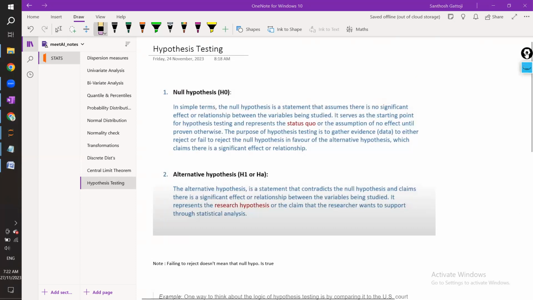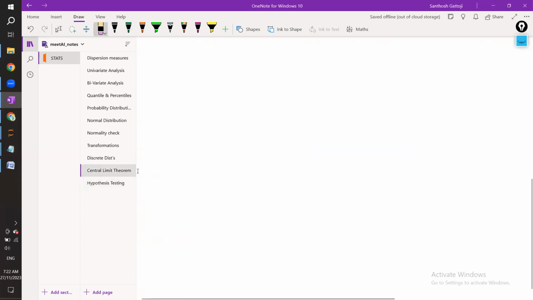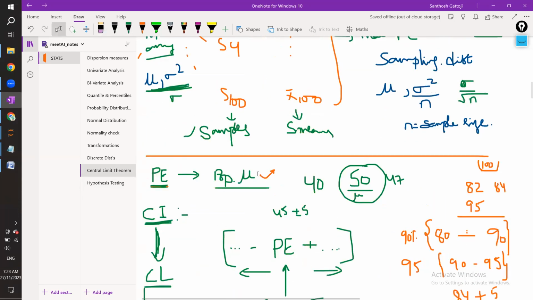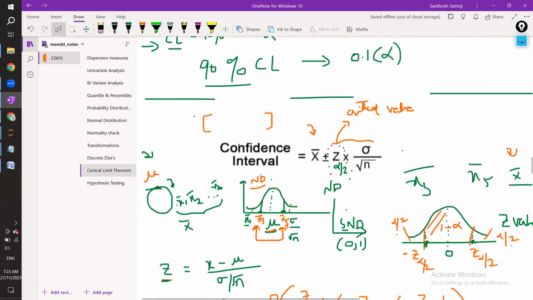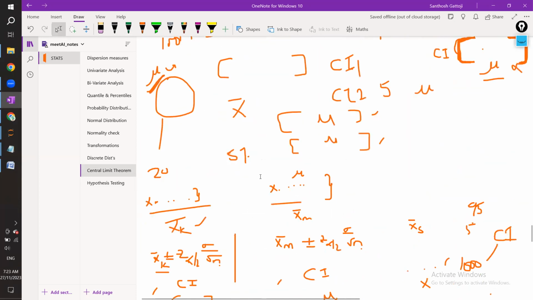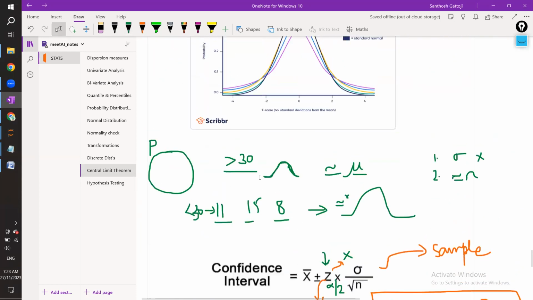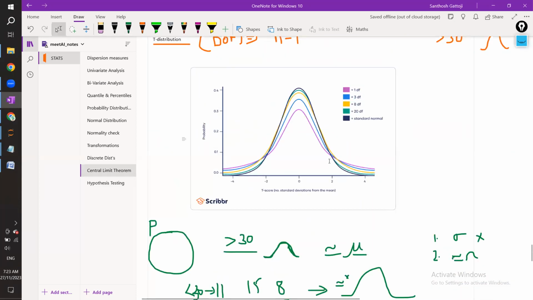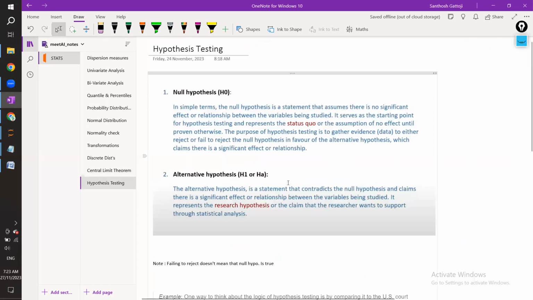What we have studied till now is the central limit theorem and confidence intervals. I hope you understood that, but if there is any confusion or if you need more time, please go through the class, revise the T distribution and make some notes. Putting that aside, now let's focus on hypothesis testing, guys.